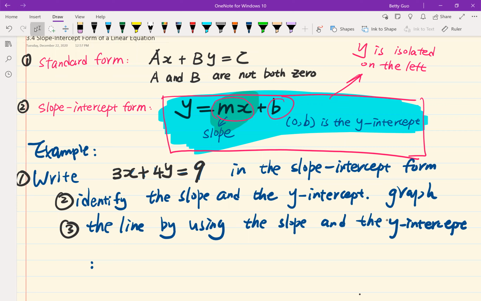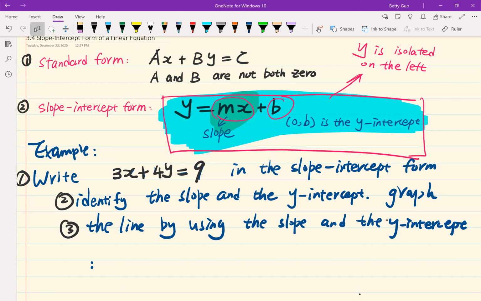On the right, we have mx plus b, a linear binomial. We haven't learned that yet; we learn that in chapter 4. It is m times x plus b. So we see two constants here, right? Besides x being a variable, m and b are numbers.